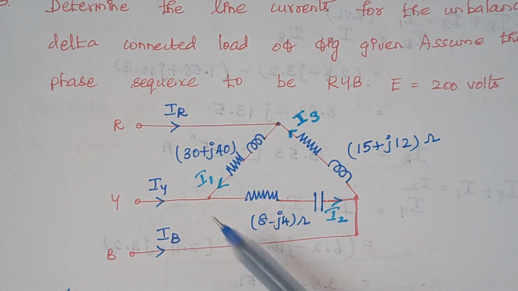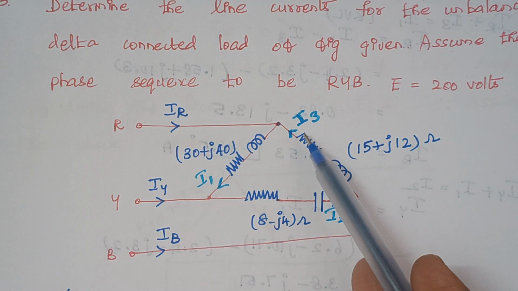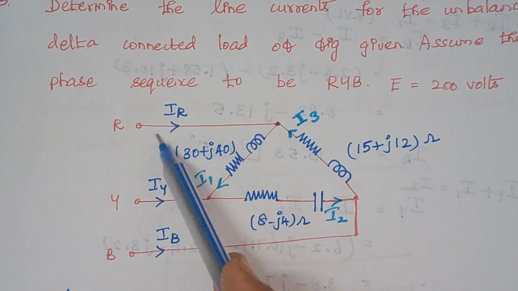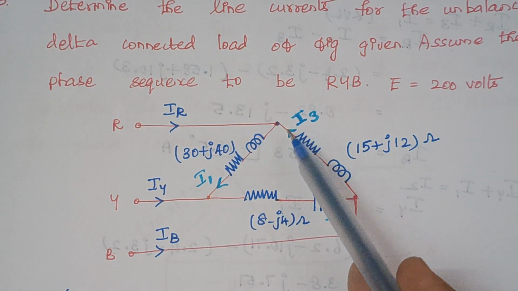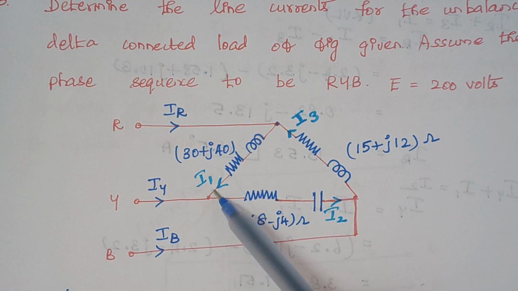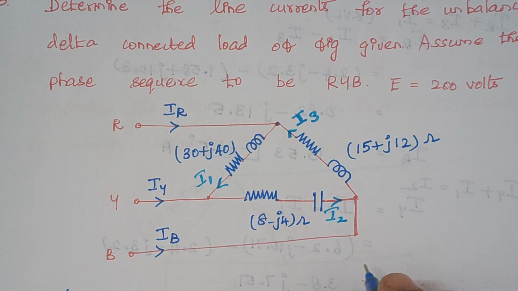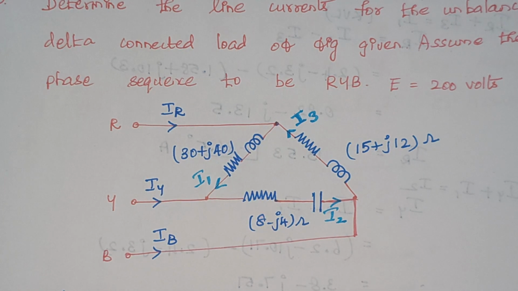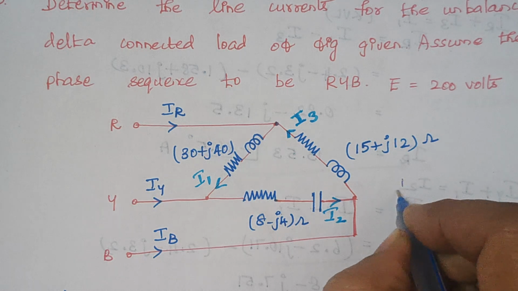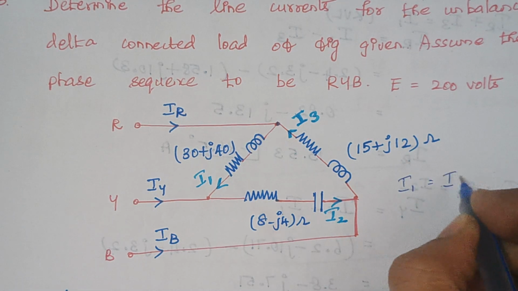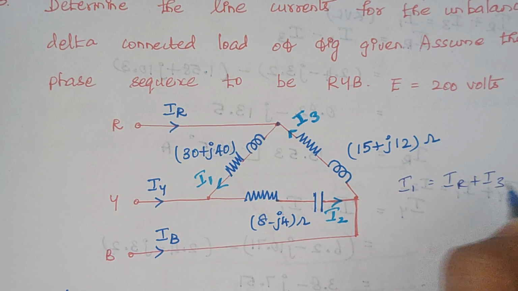When you consider this node, what are the currents that approach the node? IR and I3 approach the node and I1 leaves the node. Therefore the current leaving the node is equal to the current approaching the node. So we can write I1 is equal to IR plus I3.